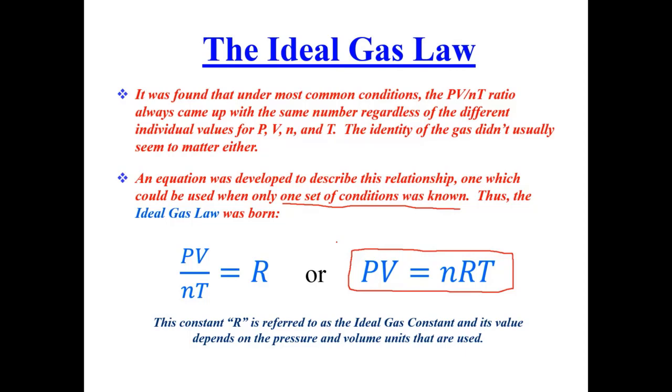That's really useful because one of the most difficult things to measure in a gas is how many particles you have, how many grams or moles are present. You can easily measure the pressure, relatively easily measure the volume, and we have thermometers for temperature, but measuring moles is harder, and that's oftentimes what we use this formula for.